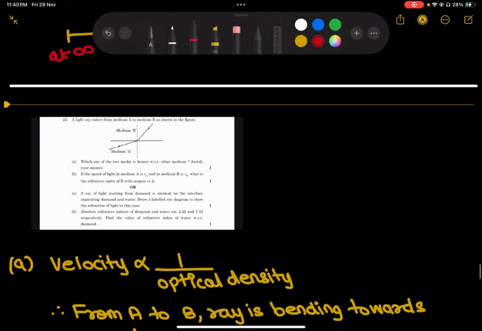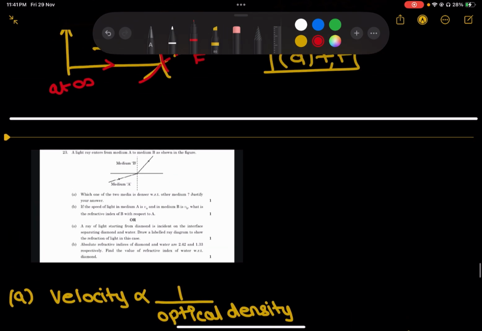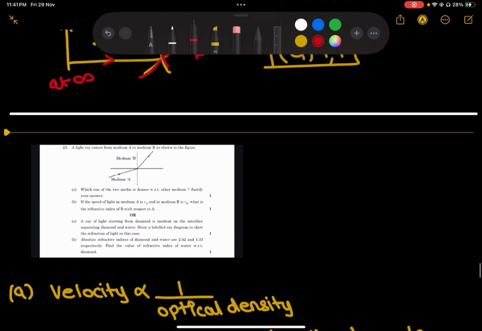A light ray enters from medium A to medium B as shown in the figure. So in the figure we have two mediums and a light ray. Now let's answer the question. Which one of the two media is denser with respect to the other medium? Justify your answer. So basically, if you notice, from medium A to medium B, the ray is bending towards the normal, right?